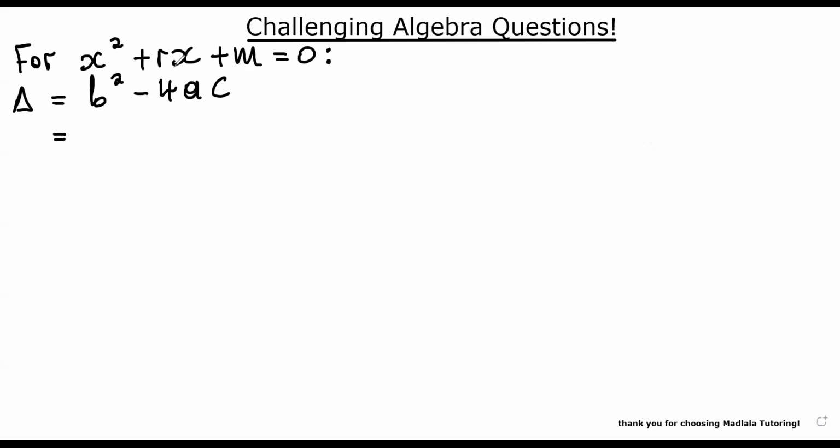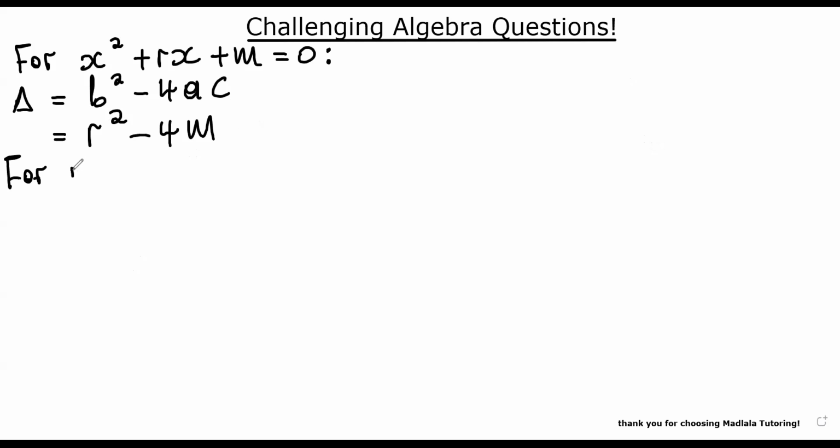Okay, fine. So the value of b here is going to be r. So we have r squared minus 4. The value of a is 1, and the value of c is m. So this is what we say.